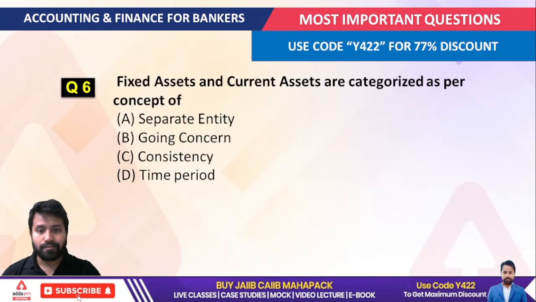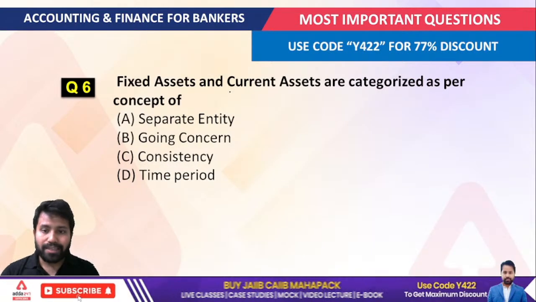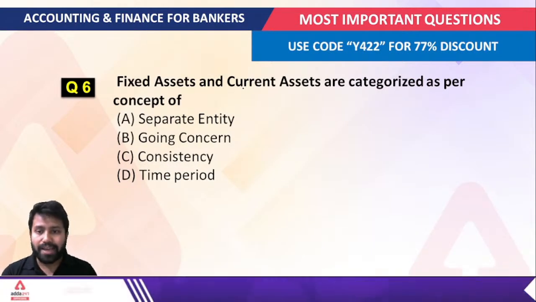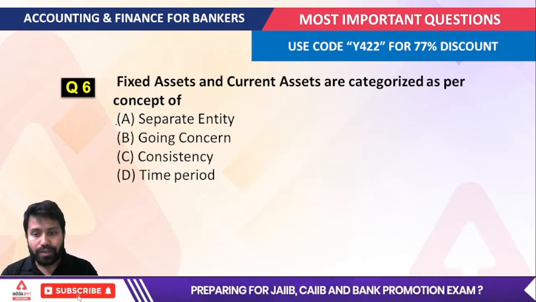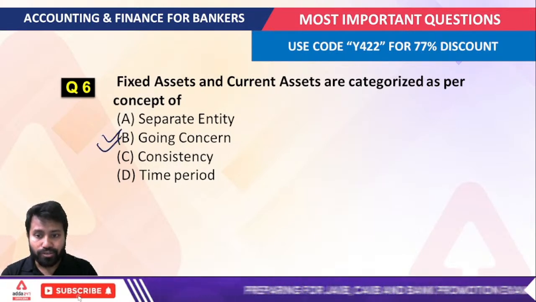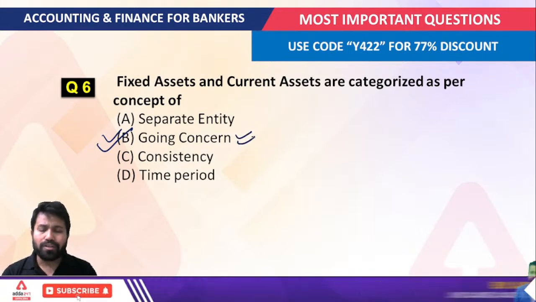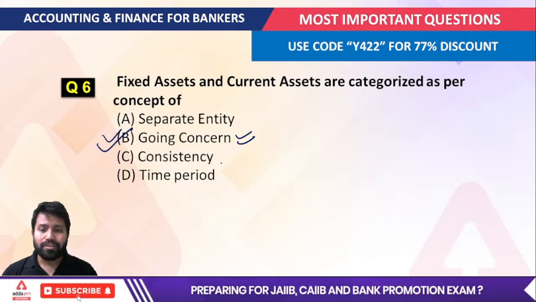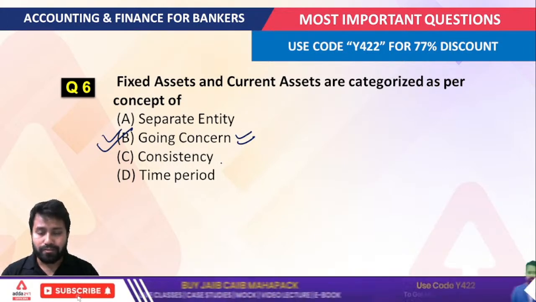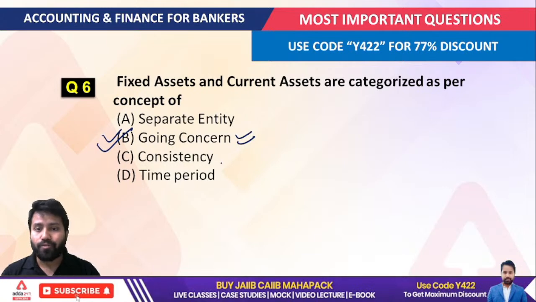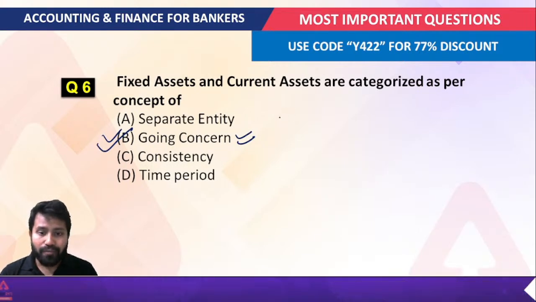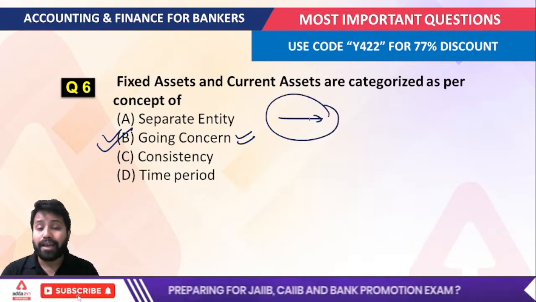Okay, next. Fixed asset and current assets are categorized as per the concept of what? You have to understand that the answer is the concept of the going concern. Whenever we're talking about the going concern concept of the company, you always have to understand that it means the company will also run in the future.